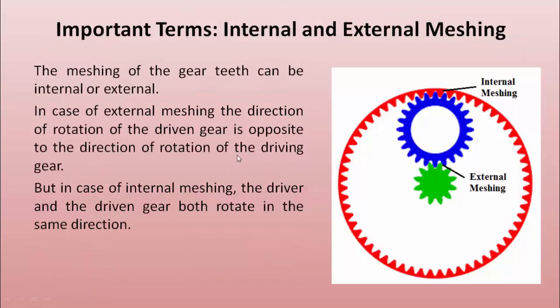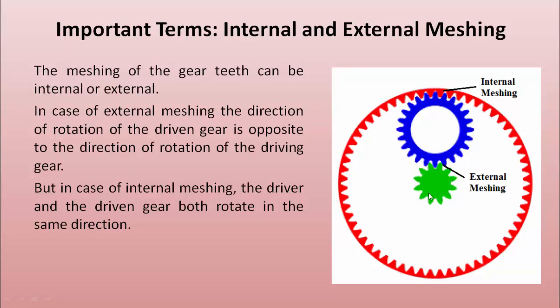And the last thing that we will be looking at is what are the different types of meshing. See, the meshing will result in a change in direction of the gears. First of all, we will see what are the two types of meshing. One is external meshing. See, for example, over here, in this case, the teeth of this gear are on the outside.